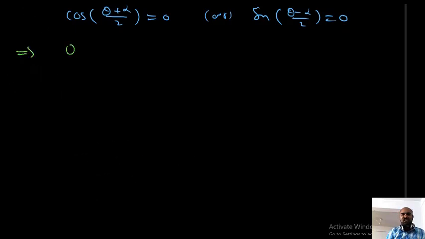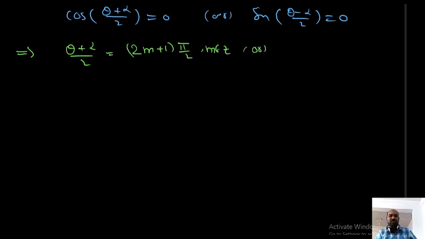Implies theta plus alpha by 2 equal to (2m plus 1) into pi by 2, where m belongs to Z. First of all, identify this here: theta plus alpha by 2 equal to (2m plus 1) into pi by 2. Correct, no?